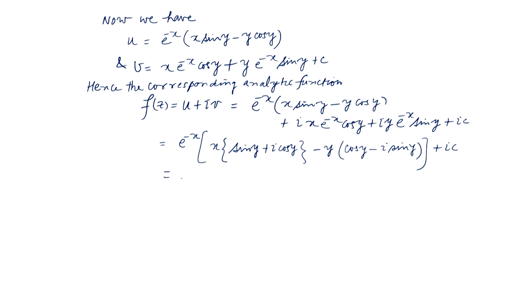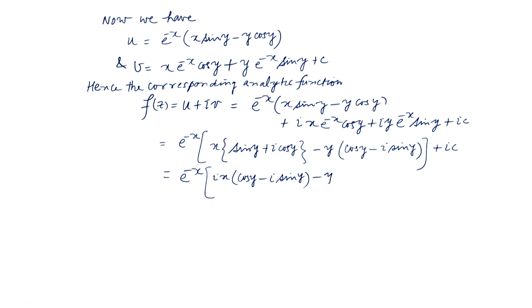Okay. So we have e to the power minus x, and here I take i outside. So i into x, and then this is (cos y minus i sin y), since sin y plus i cos y equals i times (cos y minus i sin y), and here this is already cos y minus i sin y.